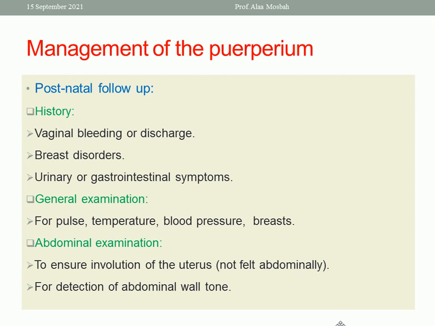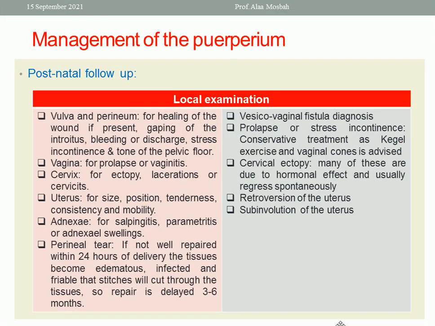Abdominal examination to ensure involution of the uterus, and for detection of any abdominal tenderness. Local examination: inspect the vulva and examine the vagina and do bimanual examination.